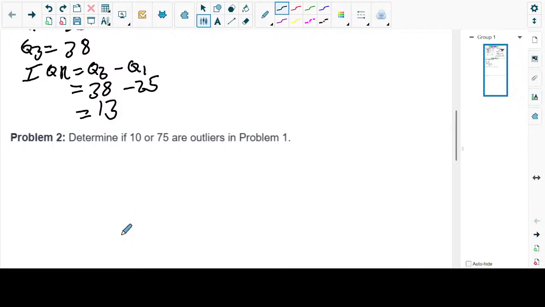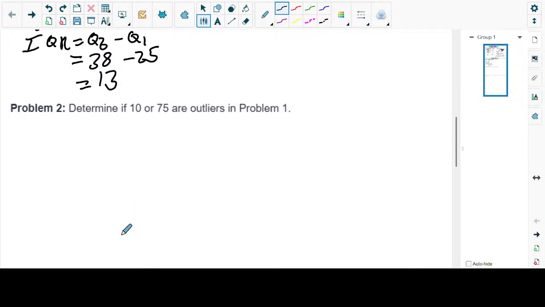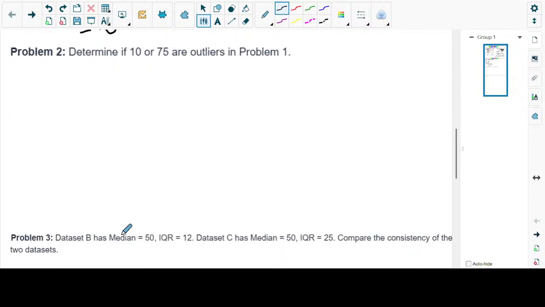Okay, so then the second one says we determine if 10 and 75 are outliers in problem 1. So let's get the LB, our lower boundary.